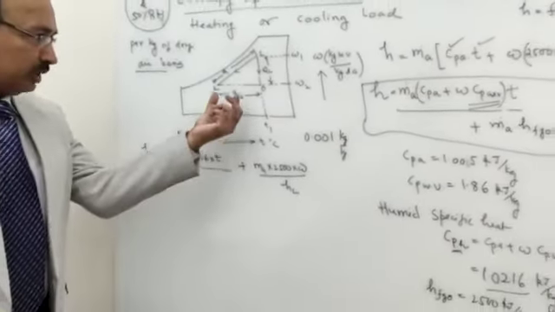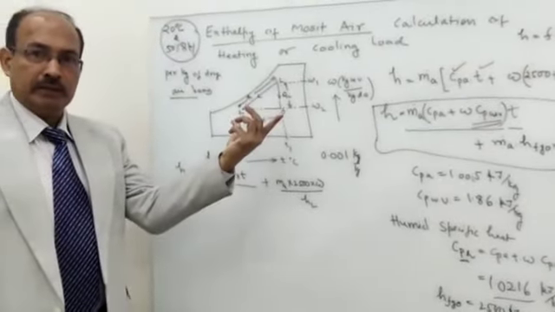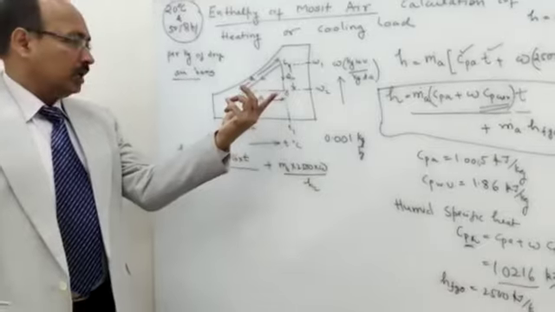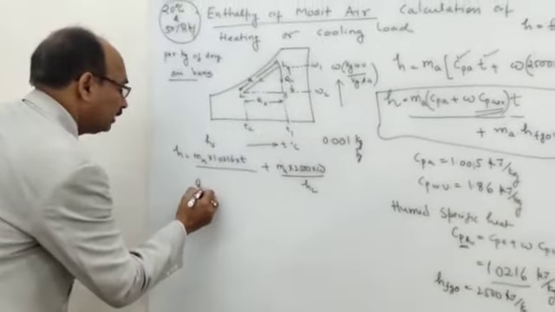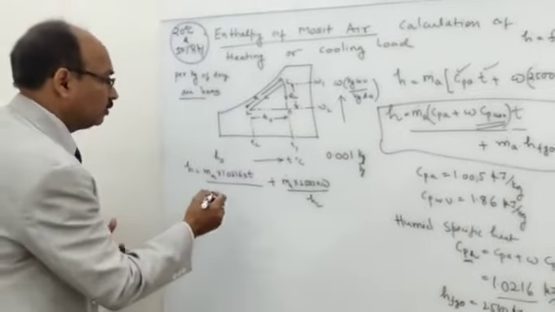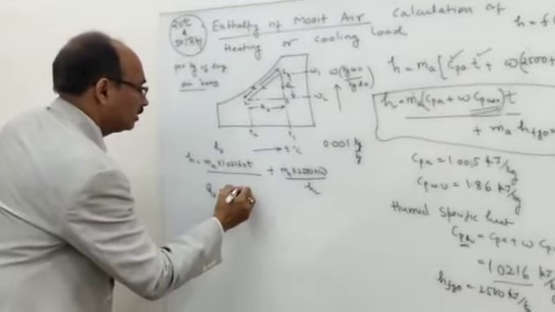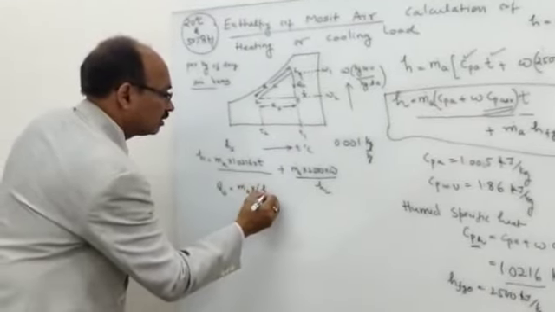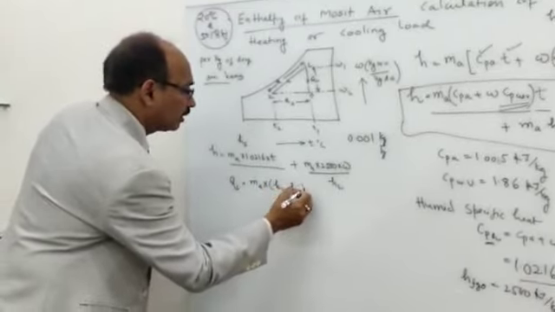Now suppose you want to find how much is the QS. So QS is equal to mass flow rate into H1 minus H2.